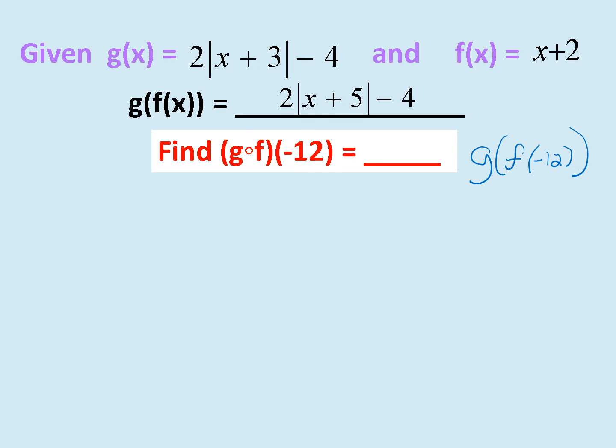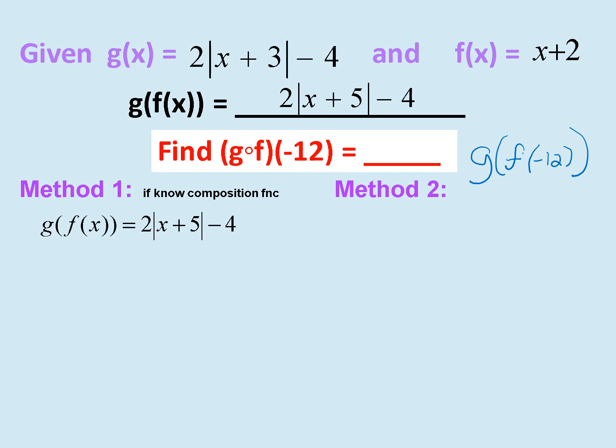Well, there's two methods to do that. The first method is if I know the composition function, which I do. So what I would do is take the x in the composition function and replace it with negative 12. From here on out, it's just a simplification.